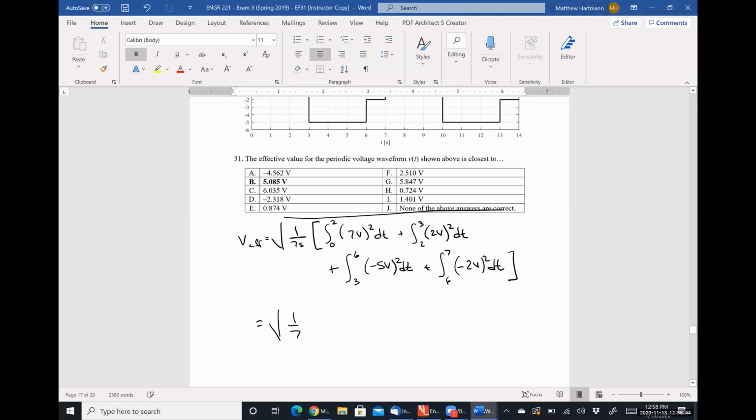So let's see, it's going to be 49t evaluated at 2 and 0, plus 4t from 3 to 2, plus 25t from 6 to 3, plus 4t from 7 to 6.